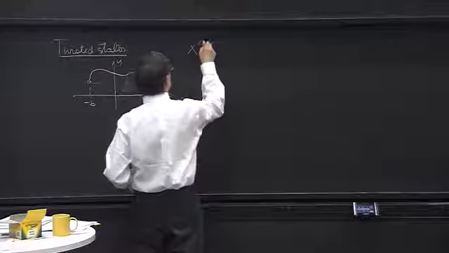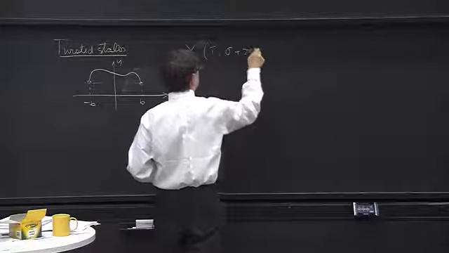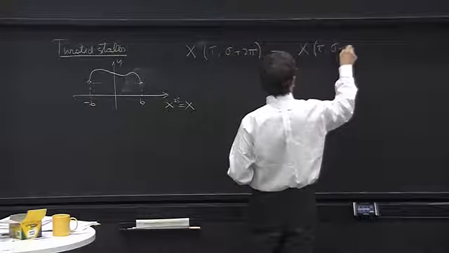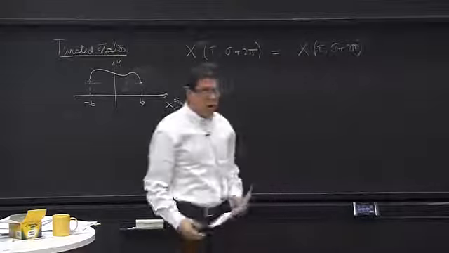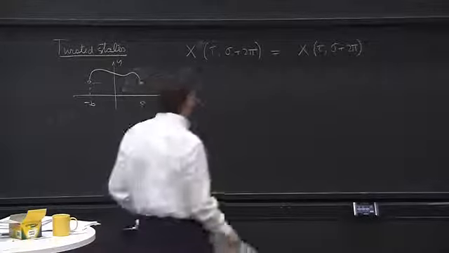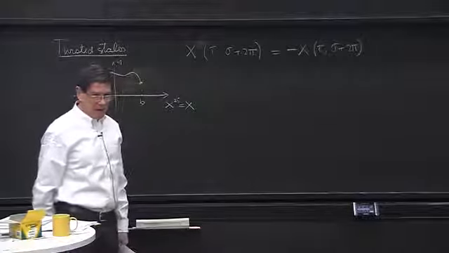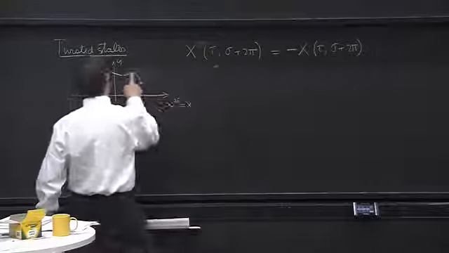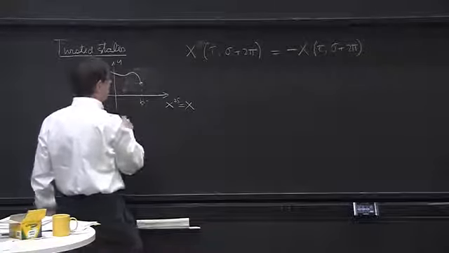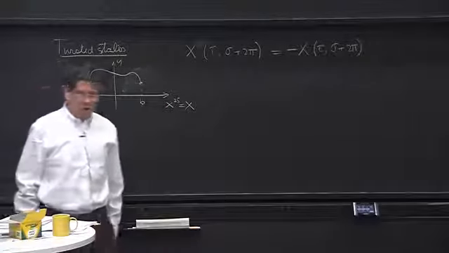So we said x25 of tau, sigma plus 2 pi. We used to say that it had to be equal to x of tau, sigma plus 2 pi, and that's indeed true, and we got all the states that satisfy this boundary condition. But now, this is an equally good closed string. If after you've gone from sigma equals 0 to sigma equals 2 pi, you end up in a point that is minus the original one, well, since we've identified these 2 points, you are closed.